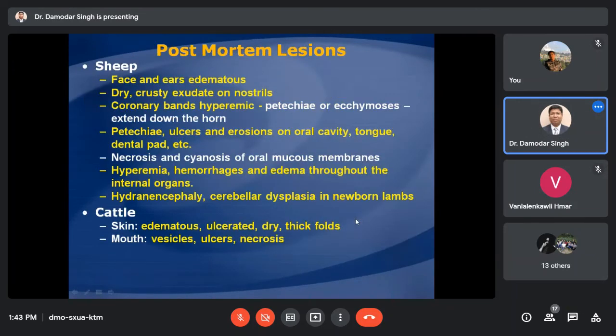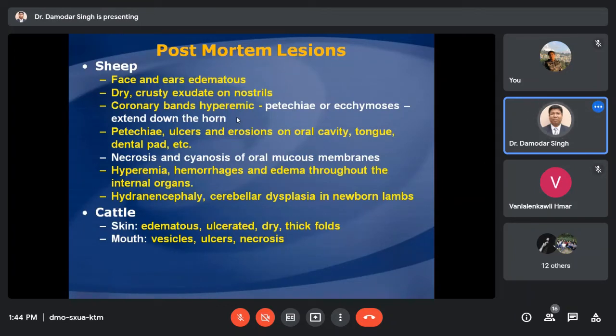Okay, then post-mortem findings. In case of sheep, mostly the face and the ears are very edematous. They may show dry, crusty exudation on the nostrils, and the coronary bands, as I have already mentioned, show bluish discoloration with some petechial and ecchymotic hemorrhagic lesions.